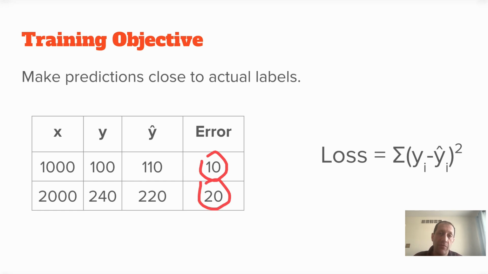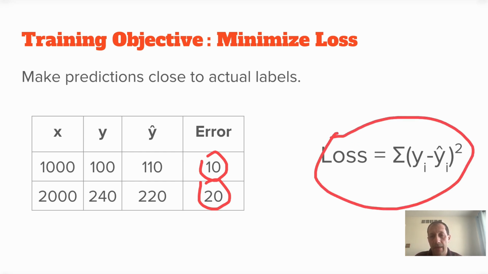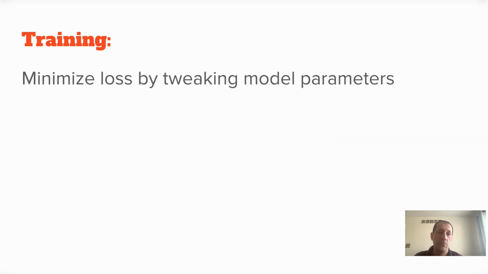You can divide it by the number of samples, but that doesn't really make a huge difference. What you're trying to do is to find W0 and W1 such that this total loss would be minimal. So in other words, the objective of training is to minimize loss. And this is a key concept in machine learning. You always try to come up with this loss function that I have here, and then try to minimize it during training process, right? So training, now we can be a little more concrete in our definition. Training is minimizing loss by tweaking model parameters.